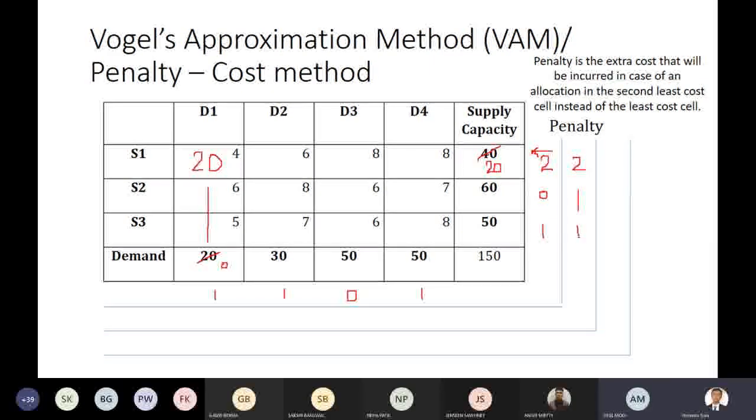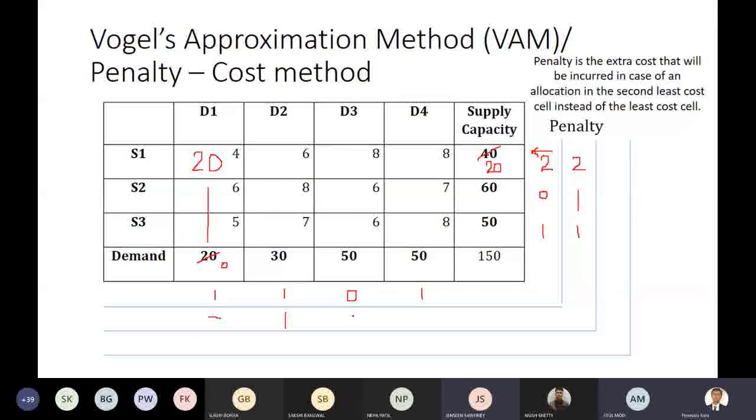What about the columns? This column we will not be considering because the demand for that particular column has been exhausted. Now we'll start with this column. What is my penalty for this column? 7 minus 6, 1. What about column D3?